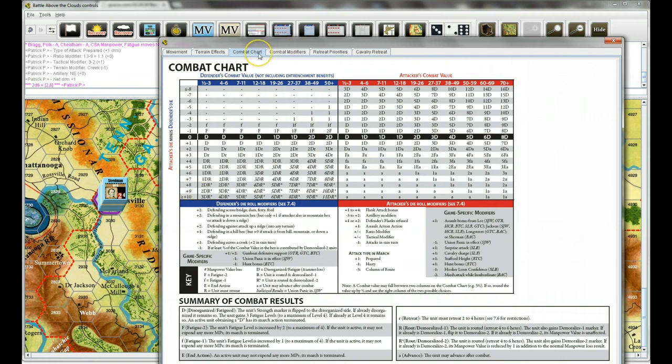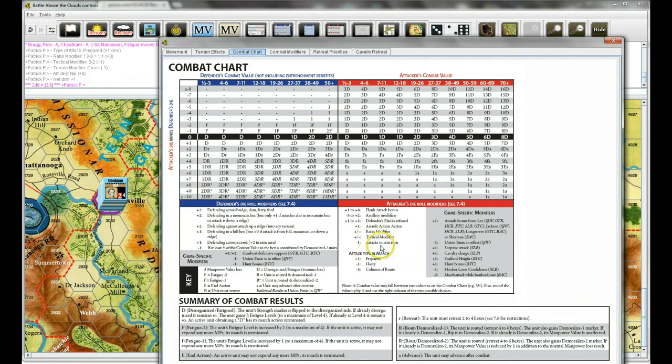On our charts, I've gone ahead and switched over to the combat chart here, as you see. Just as a reminder, it gives you all of the individual modifiers and the game-specific modifiers, which are very helpful. You can use that as a checklist to make sure that you're covering anything and everything.